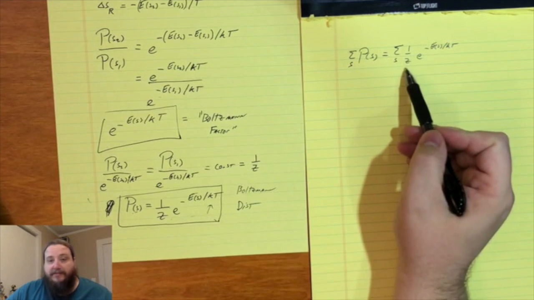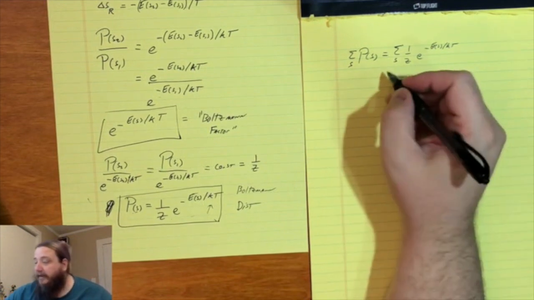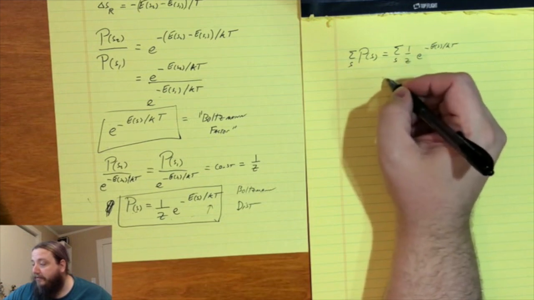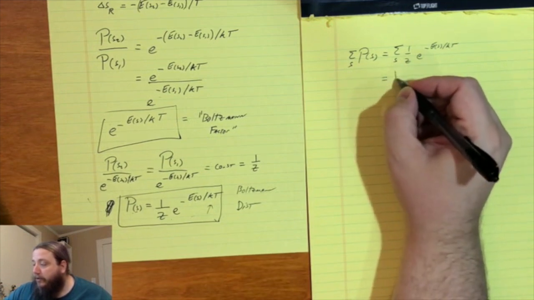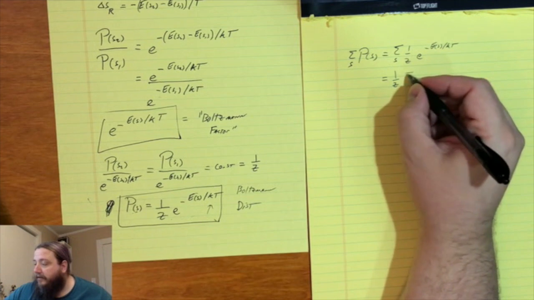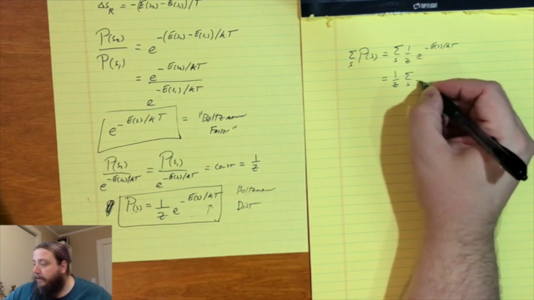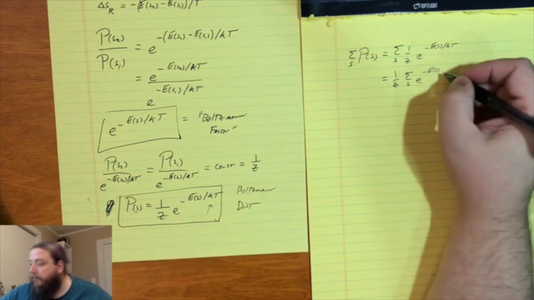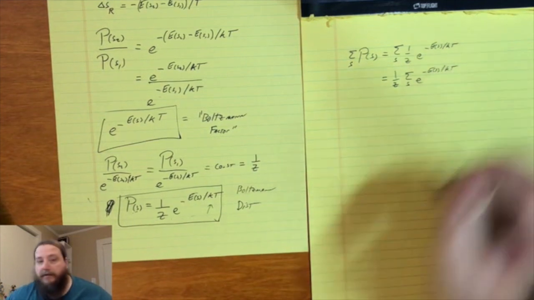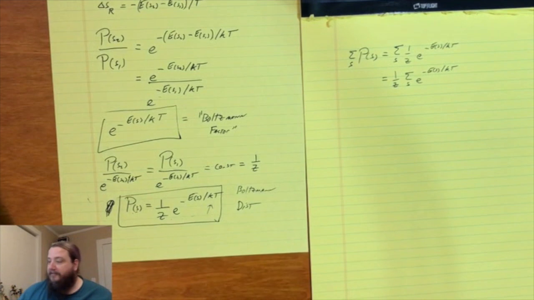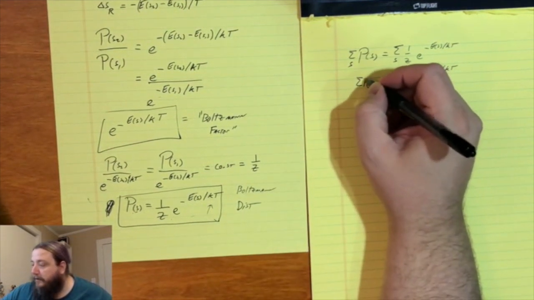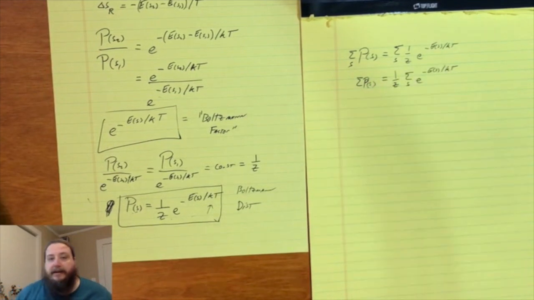Well, this Z comes out in front because it's just a constant, so it can come out of the sum. So this is 1 over Z times the sum of the Boltzmann factors of all of the possible states of our system, and that's the sum of all the probabilities.